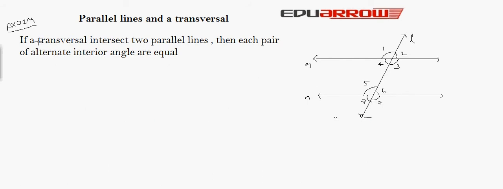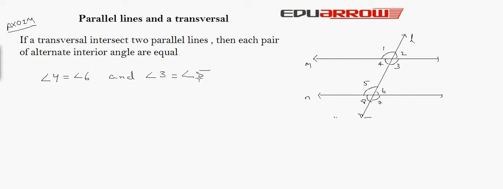Now, another axiom is, if a transversal intersects two parallel lines, then each pair of alternate angles is equal. Here, in the figure, M and N are parallel lines, and alternate interior angle 4 is equal to angle 6, and angle 3 is equal to angle 5.